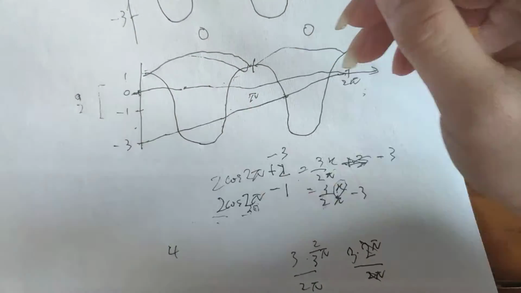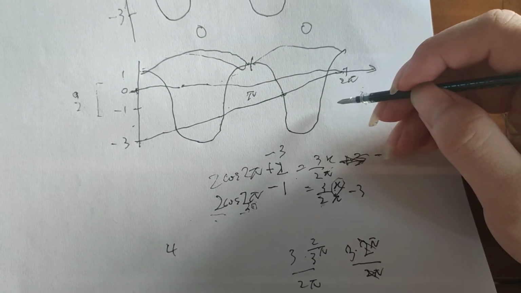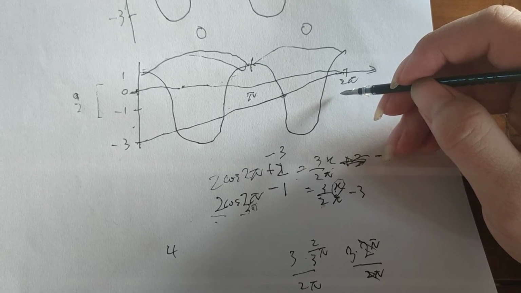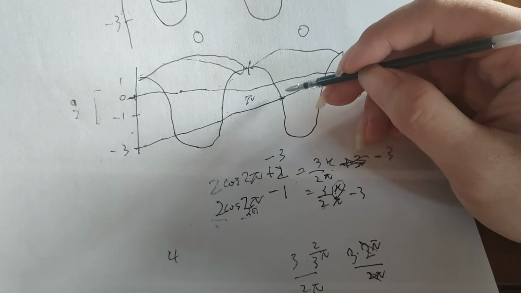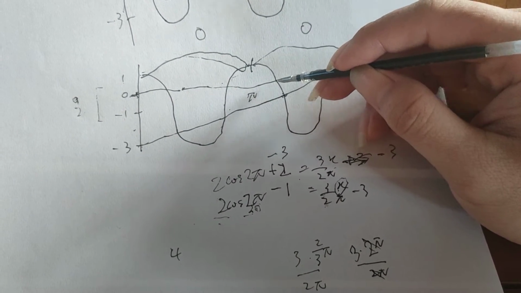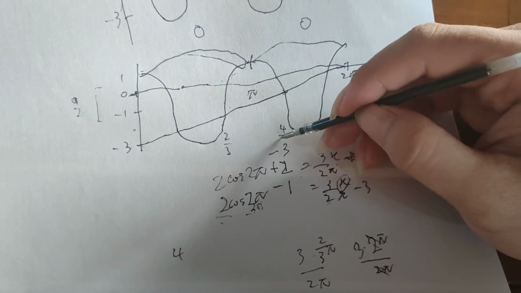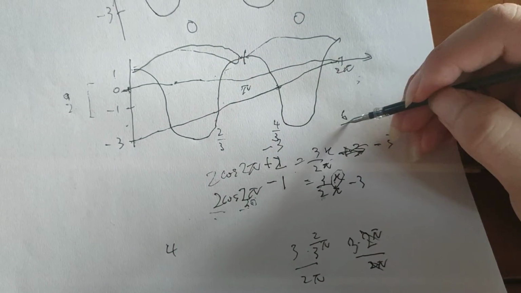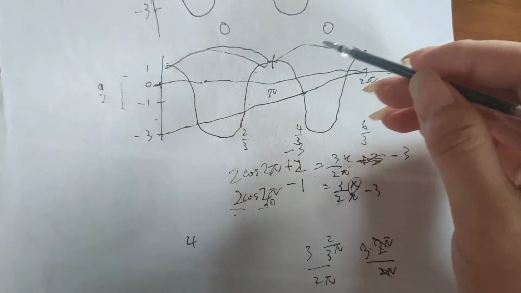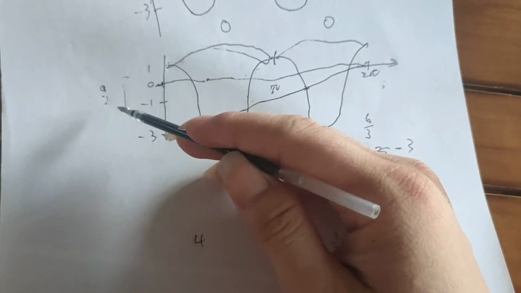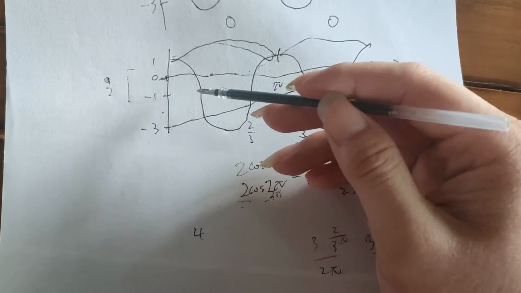That means like 2 pi divided by 3, and that means like 2/3 over here got 1, 4/3 over here got 1, and then this is 6/3, which is 2. So this one is how many circles it will be, this one is the magnitude, and this one is where the middle point is, in this case negative 1.